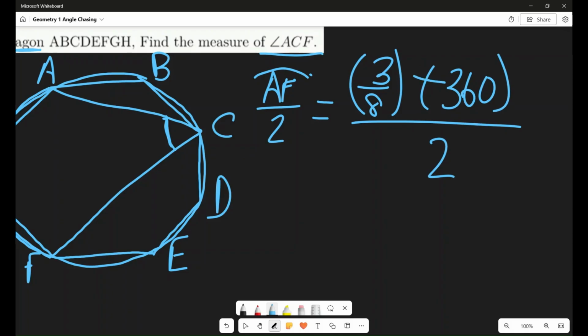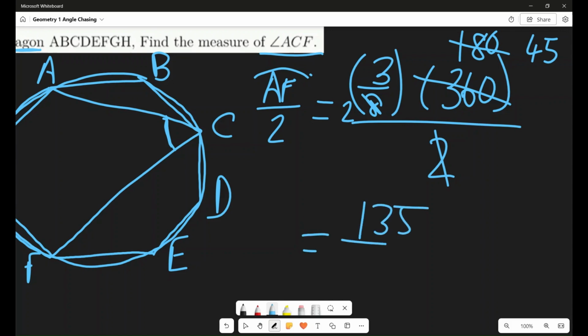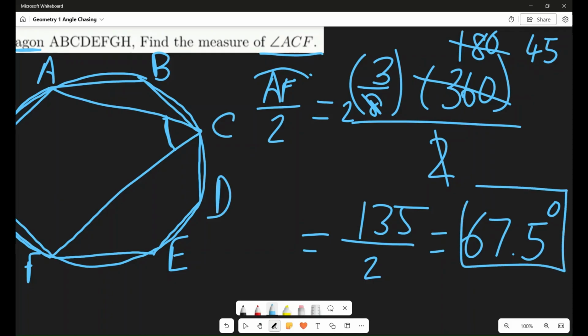And now we have something we can evaluate. So let's do just that. And we get 135 over 2. And since it's degrees, let's express it as a decimal. 67.5 degrees.